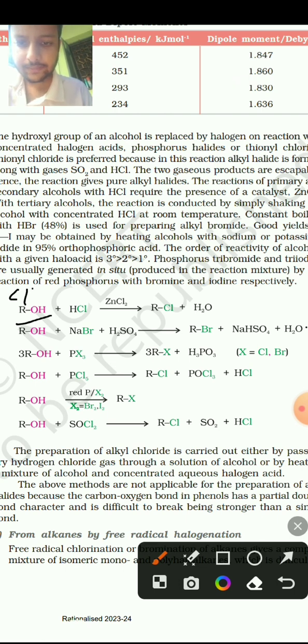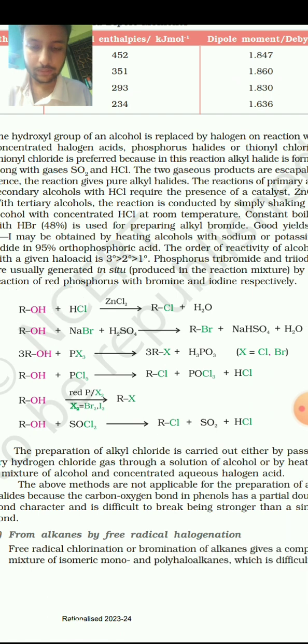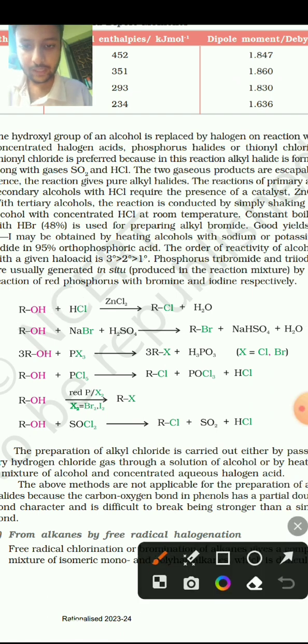If R is CH3, it becomes methanol, CH3OH. This CH3 is R, and this OH is a functional group which gives the name alcohol. So this ROH is an alcohol, having R as the alkyl group. The alkyl group can be any one of the 10 alkyls we had seen in the previous video: methyl, ethyl, propyl, butyl, anything. So if it is methyl, it will become methanol.